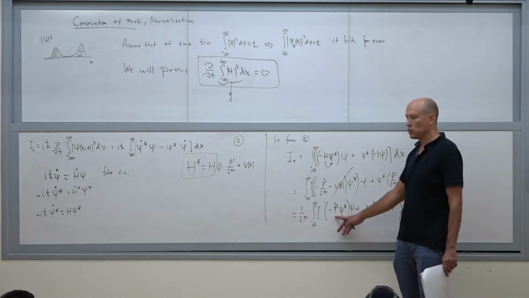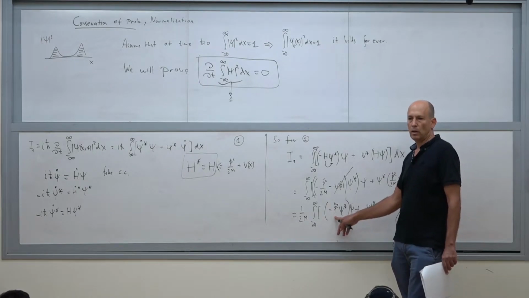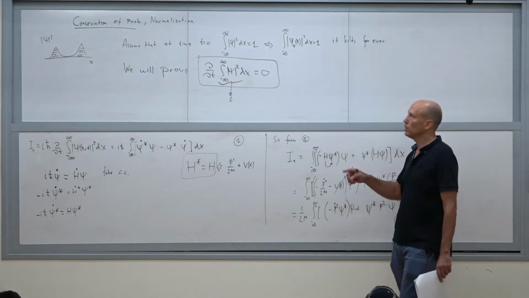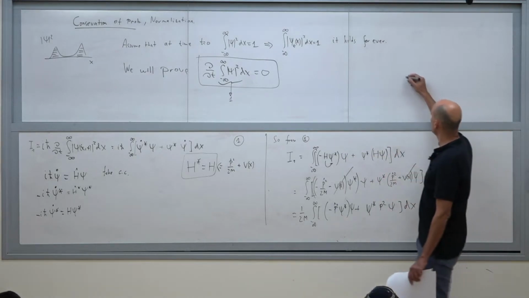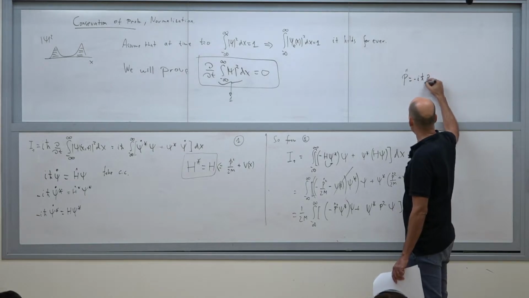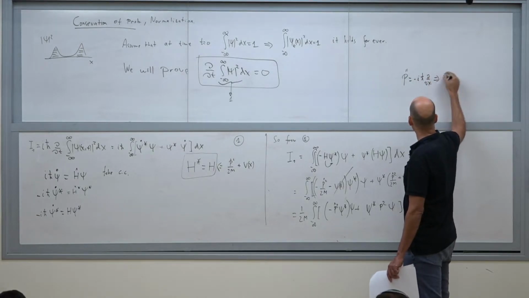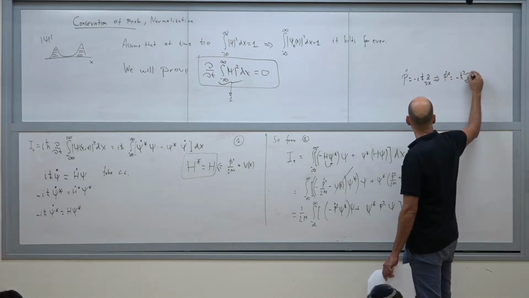Now what is this p squared? You remember what it is? It's minus h bar, the second derivative of x, because p is minus i h bar d over dx. So p squared is minus h bar squared d over dx squared.